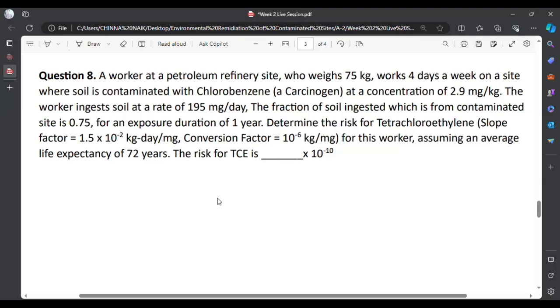And the averaging time: years are mentioned, so convert it into days, 26280 days. Now you have all the data, so just calculate the soil ingestion intake.